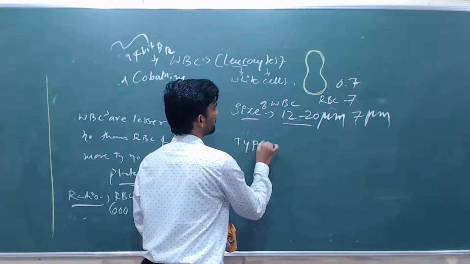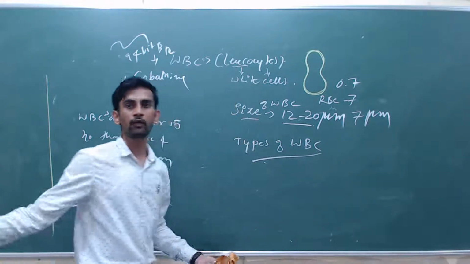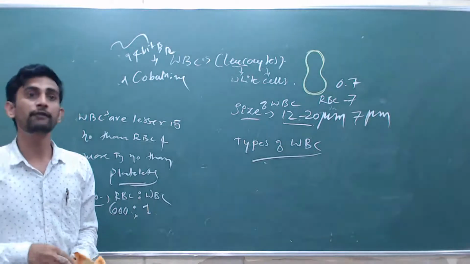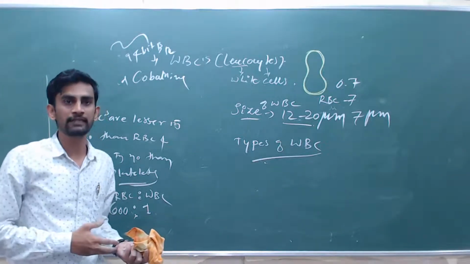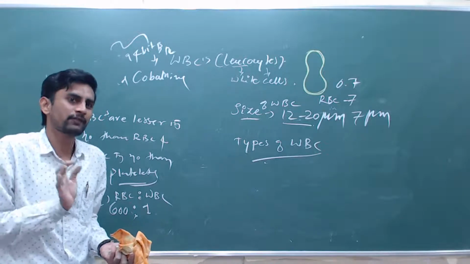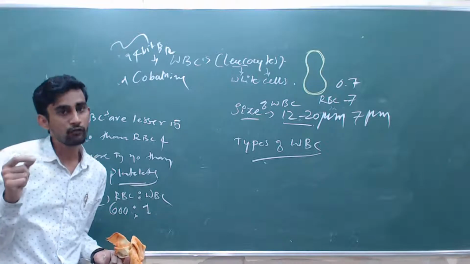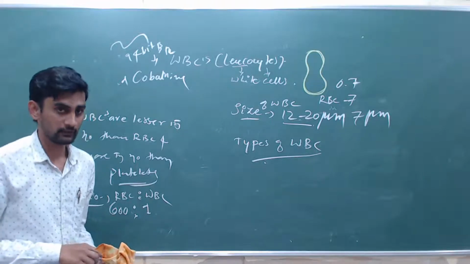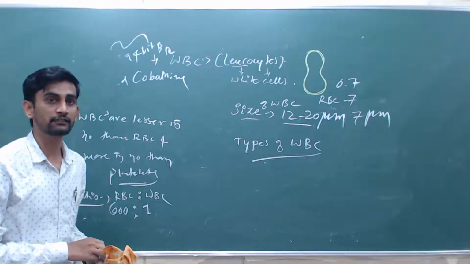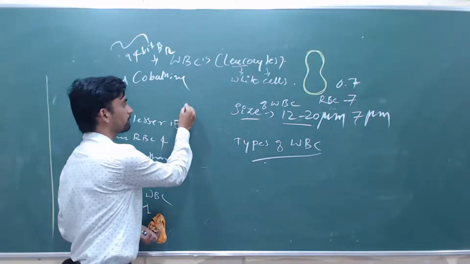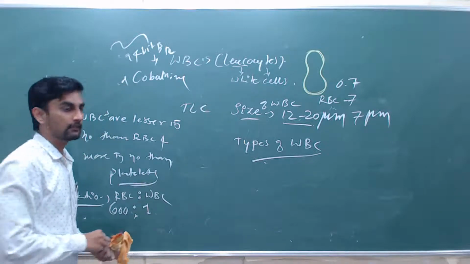Then followed by types of WBC. And one more important point you have to remember: in future, if you go for any lab test, if you are suffering, looking weak and fever is there, doctors will go for some test. The erythrocyte test is different. About WBC, they will go for TLC. You heard this word TLC?